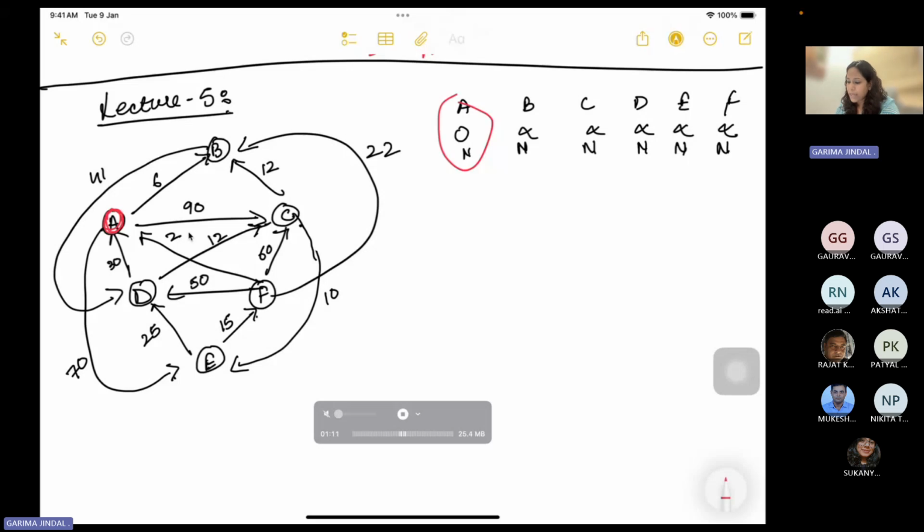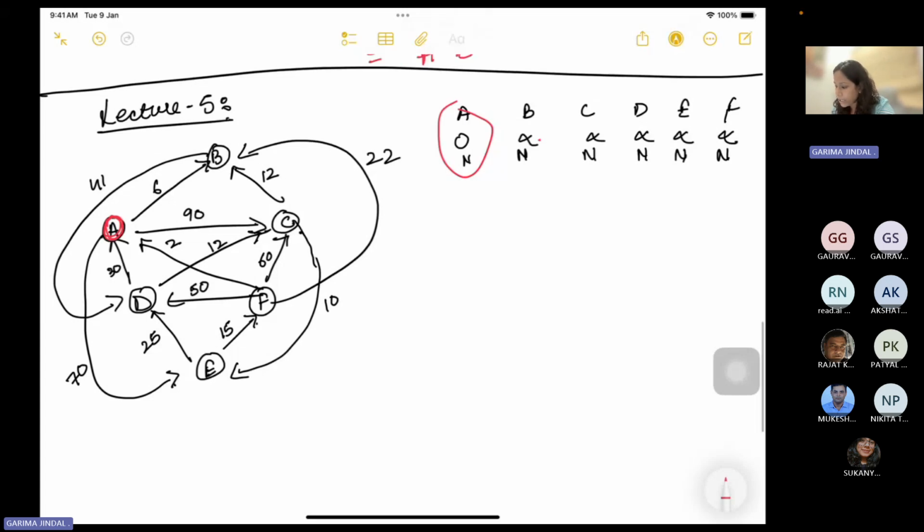For example, B is 6, so B can be reached with distance 6. Since 6 is less than infinity, we will update the distance here. So this is 6, and we can reach B from A, so we update where we are reaching it from.